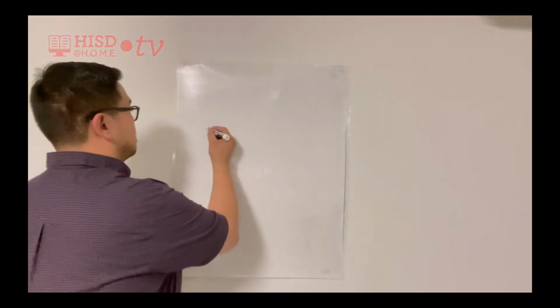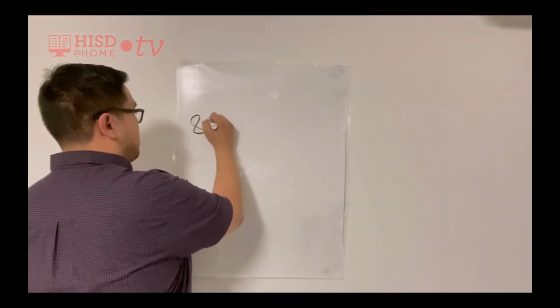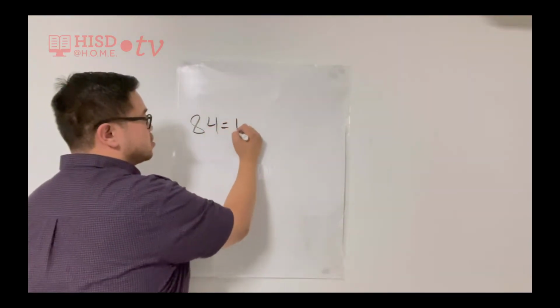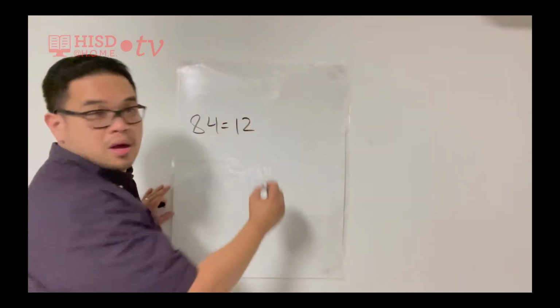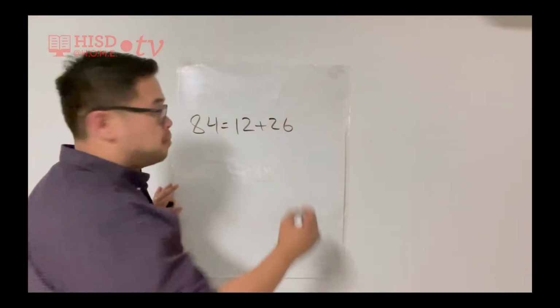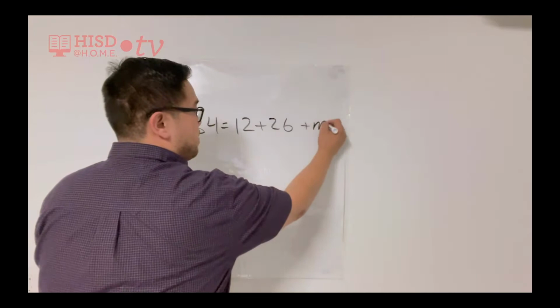And the next mistake that's commonly made is not recognizing equivalent equations. An example would be 84 equals 12 plus 26 plus m.